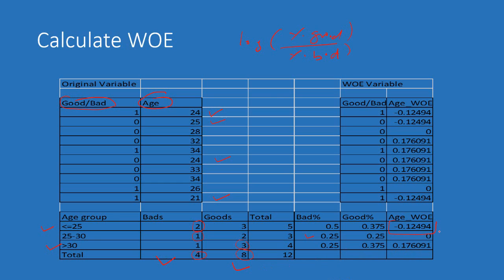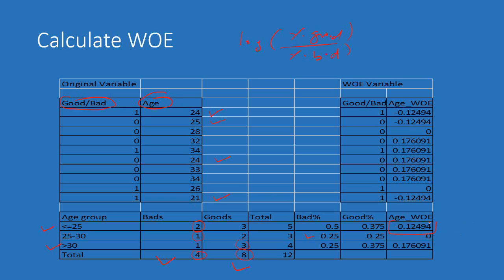So that's the way we have got a transformed variable now, which is age underscore WOE, a new variable, totally transformed. Initially our variable was age, having values like 24, 25, 28, and now we have got a totally different variable, age underscore WOE.